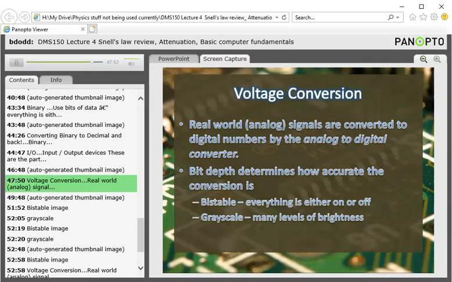Okay, so let's talk a little bit about voltage conversion. When the signal comes back from a mass in the liver, so we're talking about a sound wave coming back, it hits the transducer, and it actually causes the transducer to have a voltage emitted from it to the computer, right?